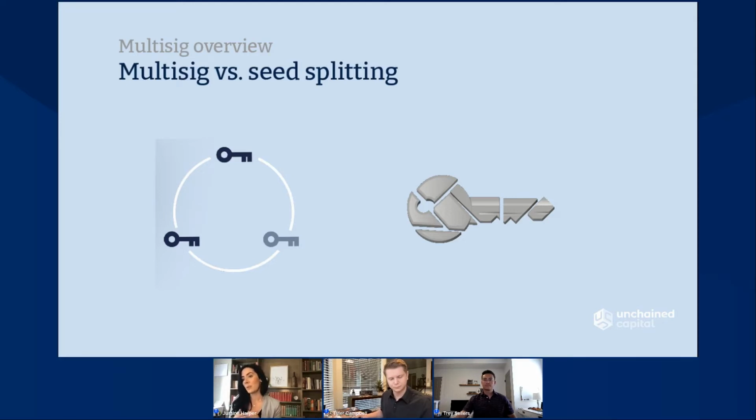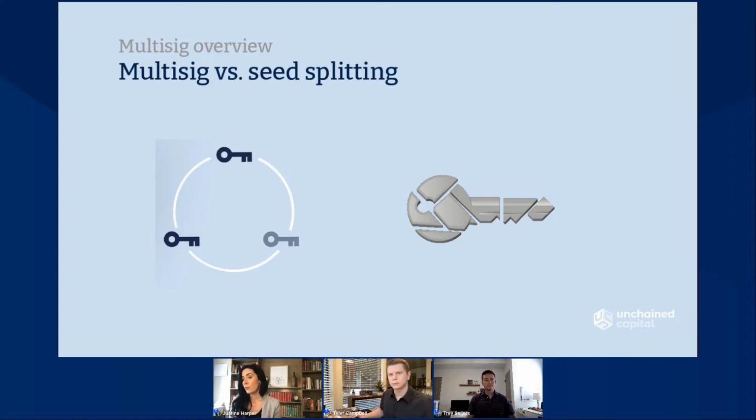But one thing that I would keep an eye on as far as cons when it comes to seed splitting is, like I mentioned, you have to bring all pieces to one place to put them back together, right? It actually creates a single point of failure. Also, most of these are software run or created by a private company, so there is something to be said about being able to verify that software.